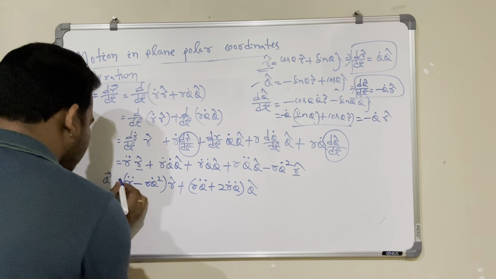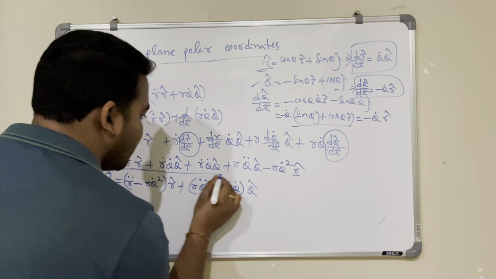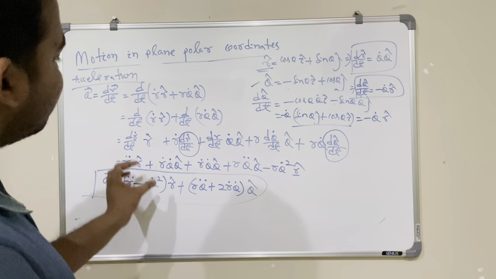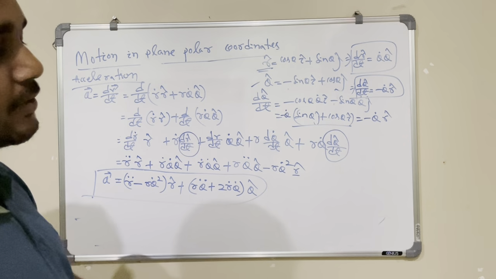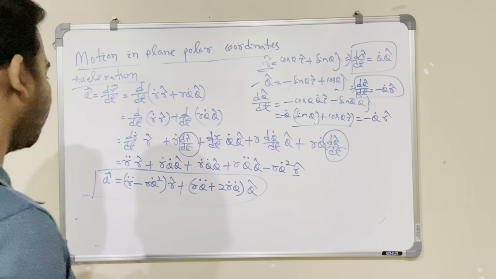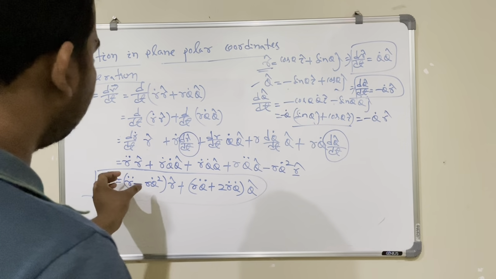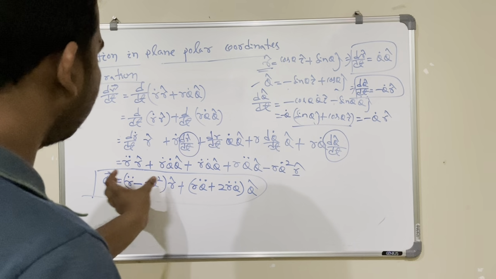So this is the expression for acceleration. The acceleration has two parts, one is radial acceleration and the second one is tangential acceleration. We'll define each and every term, all the four terms.